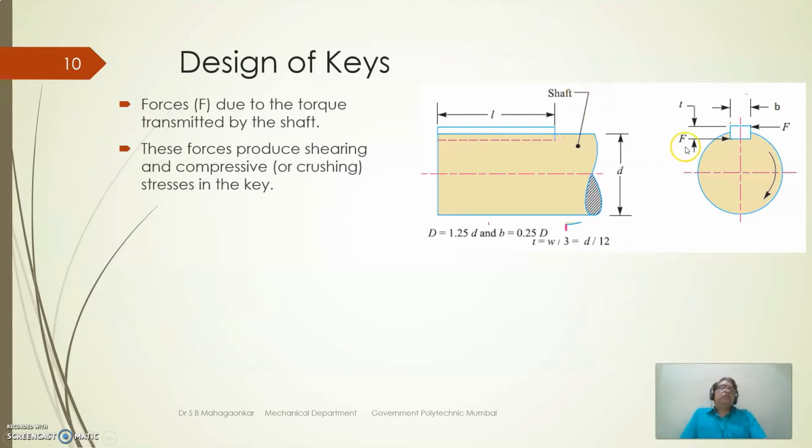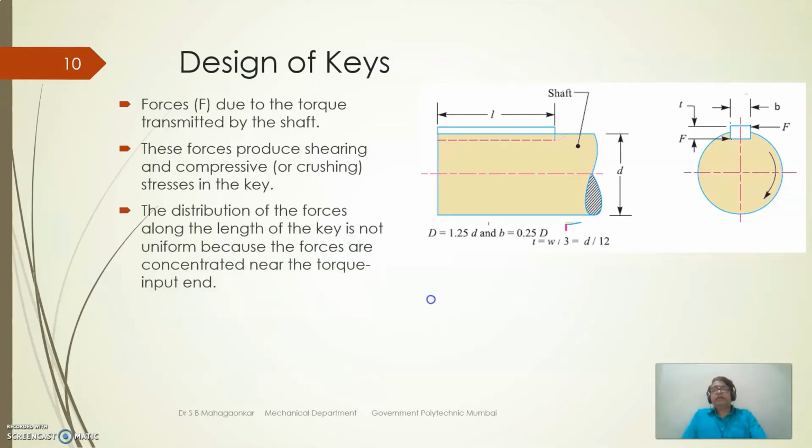So try to remember that the width of the key is generally 1/4 of the diameter of the shaft, the thickness is equal to 1/6 of the diameter, and the length of the key is equal to 1.5 times the diameter.